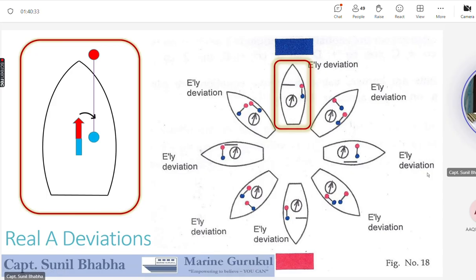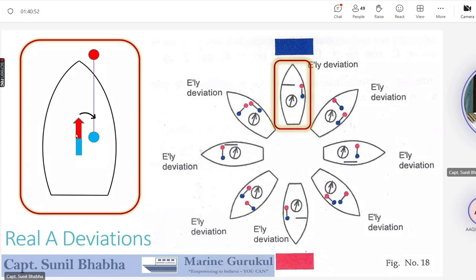Up to here, any doubts, beta? No, sir. Sir, this arrow one is the ship's magnetic compass, we can say, sir. Yeah, that's correct, beta.